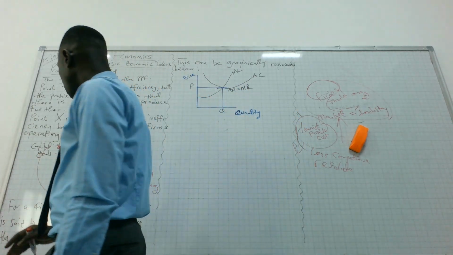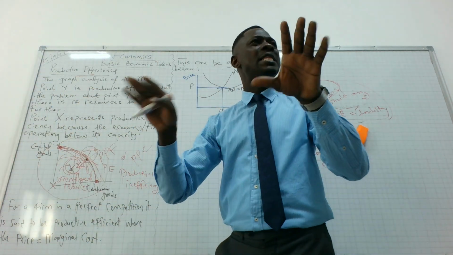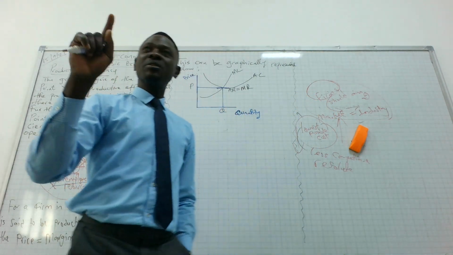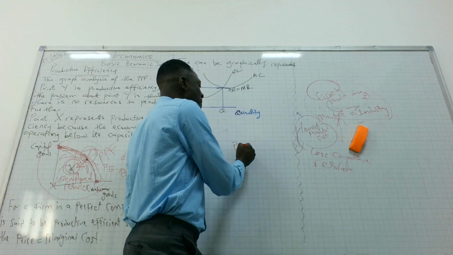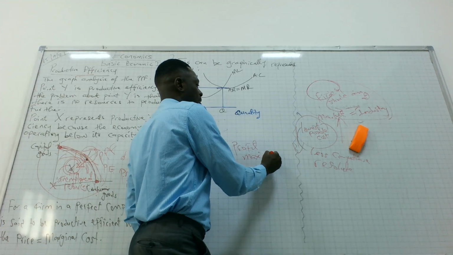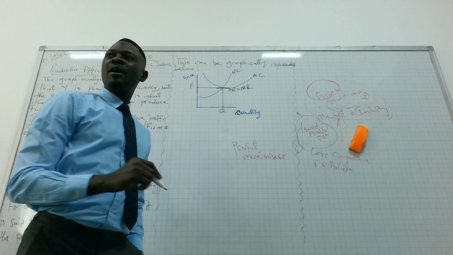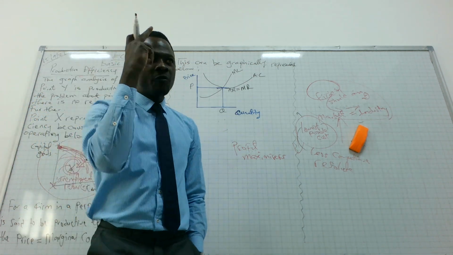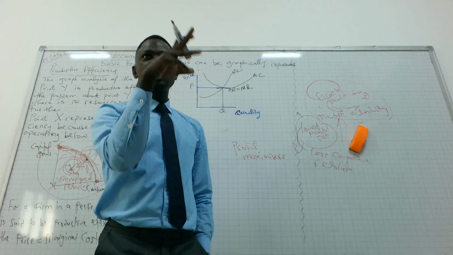No. Great. So, for a firm in a perfect competition, in a perfect competition, firms are profit maximizers. And there's no monopoly. Monopoly is different. Monopoly is a firm that controls the whole industry.